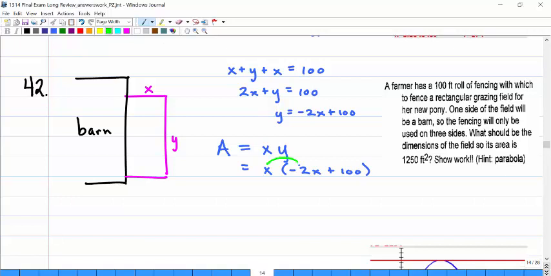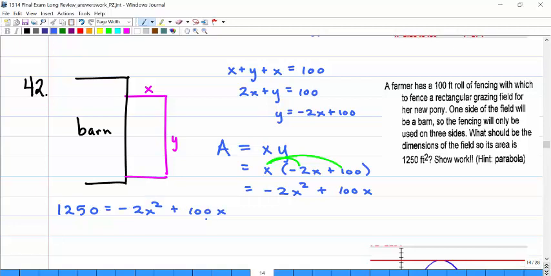If I distribute this x out front, I get a quadratic function, negative 2x squared plus 100x. Now the question is, when will that area equal 1,250? So when will 1,250 be equal to negative 2x squared plus 100x?